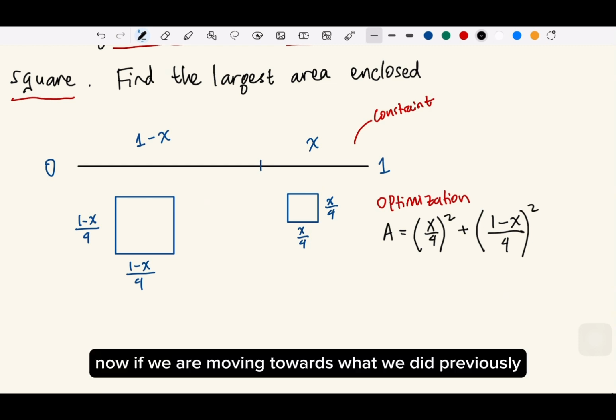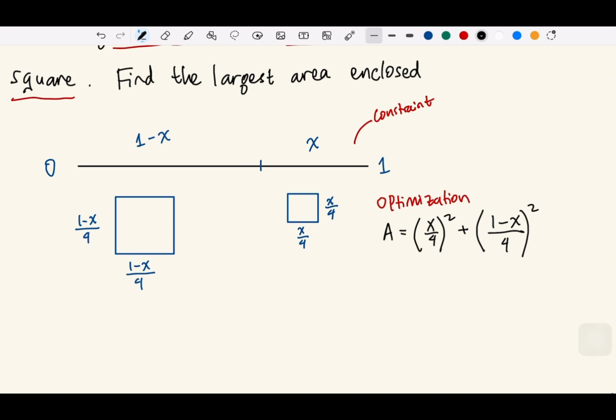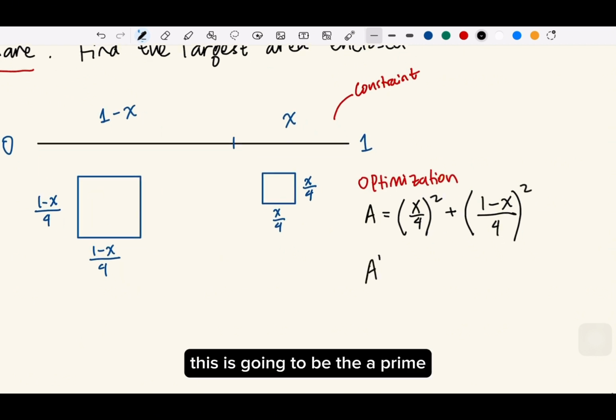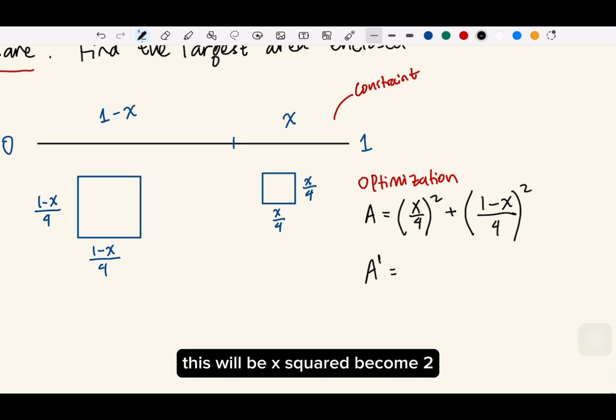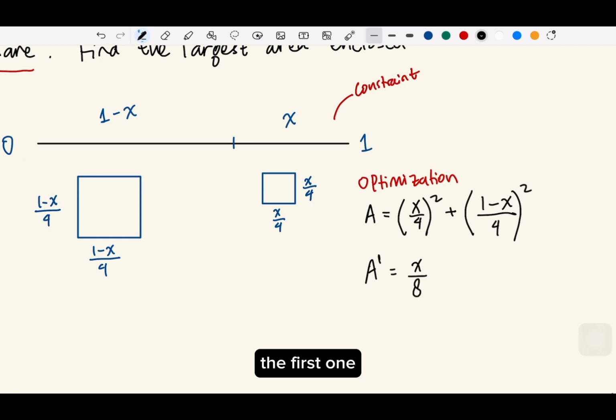Now, moving towards what we did previously, this is going to be A prime, which is the derivative of A. So we could do that. This will be x squared becomes 2x over 16, which is x over 8, the first one.